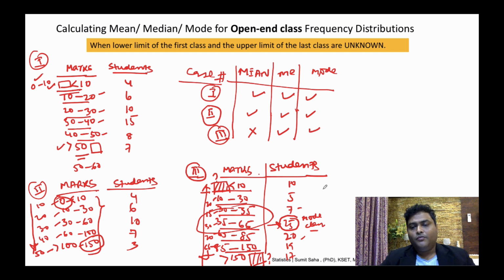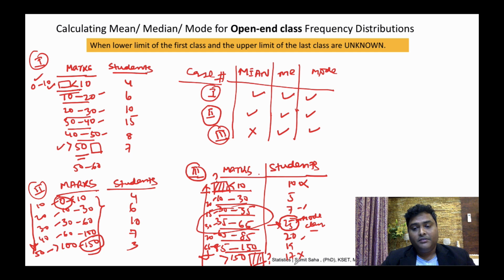The mode formula depends on D1 and D2, the difference between the frequency of the mode class and the previous class, and the difference between the mode class and the next class, and on the class interval. But the condition is that the mode class must not be the first or the last one.